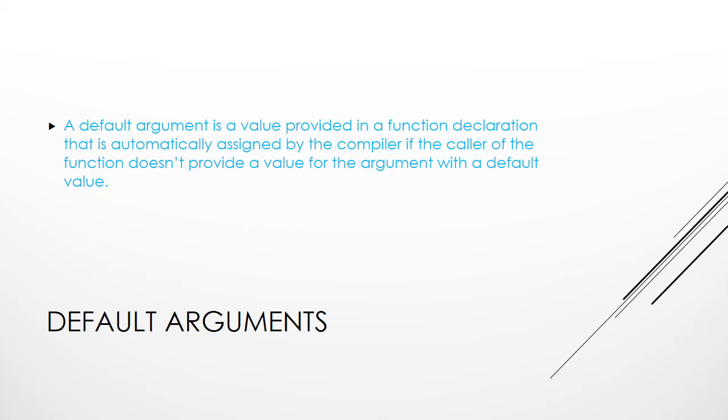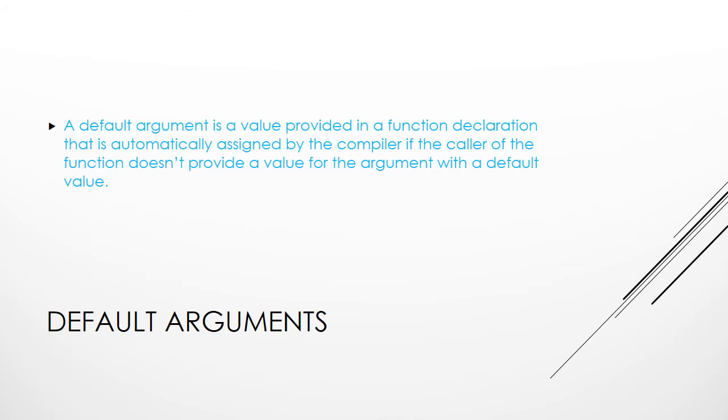Now let us look into default arguments. As we know, we give arguments in our user defined functions, and sometimes we initialize our arguments also, such as i is equal to 0 or int x is equal to 0. Even though we do not initialize in its declaration, we will definitely initialize those parameters in the function definition.